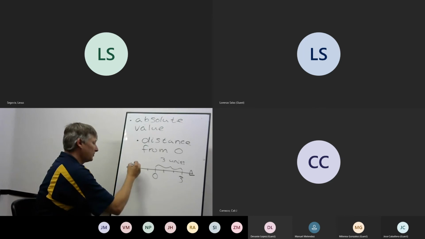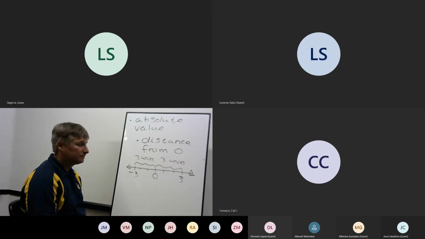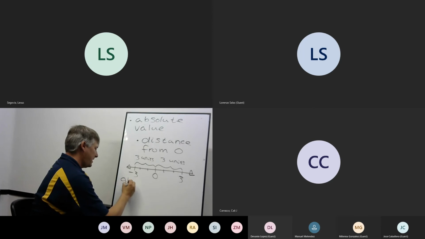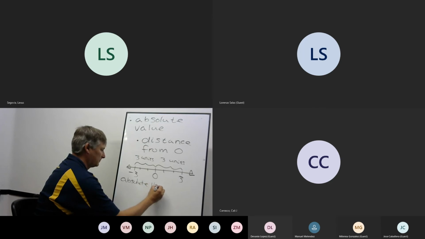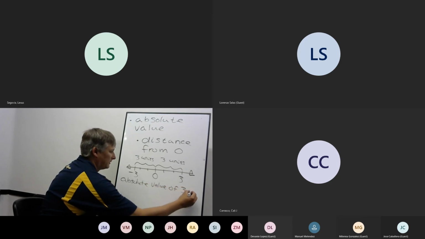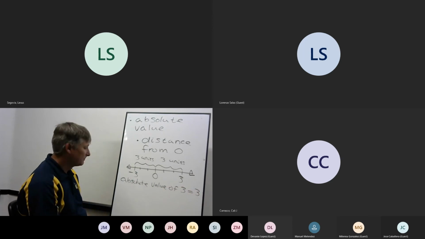But this one's also 3 units from 0. So what we say is this: the absolute value of 3 equals 3.